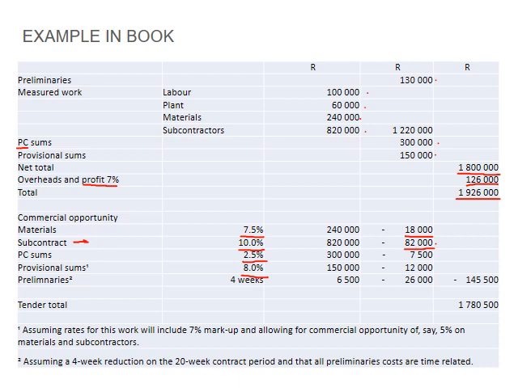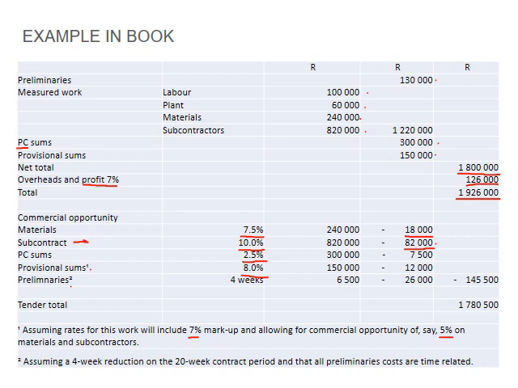Just look at the notes that they also include in this table for your provisional sums and your preliminaries. Assuming rates for the work will include 7% markup, and allowing a commercial opportunity of say 5% on the materials and subcontractors. So it's basically just playing with the figures and mitigating your risks.